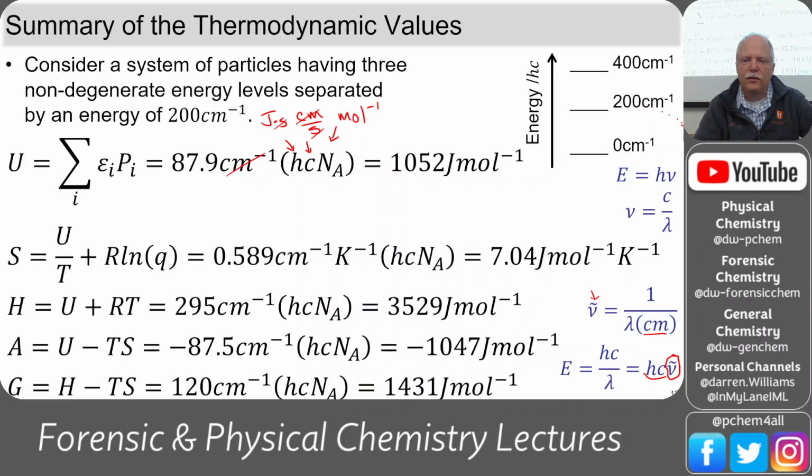Let's go ahead and convert our values here too for our energy level diagram. Of course, this is going to be 0 joules per mole. That's no problem. But what's 200 wave numbers? Let's convert that one over.